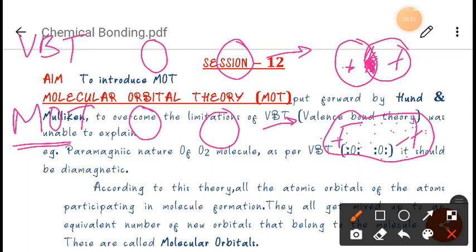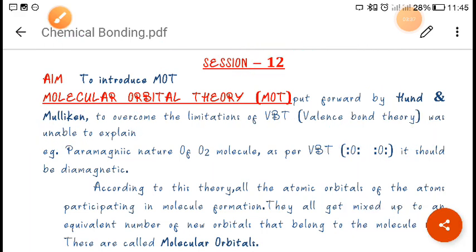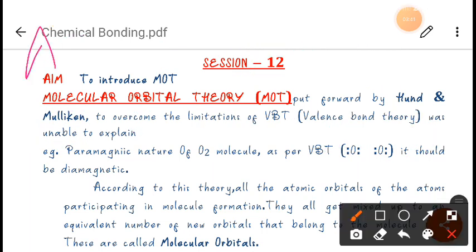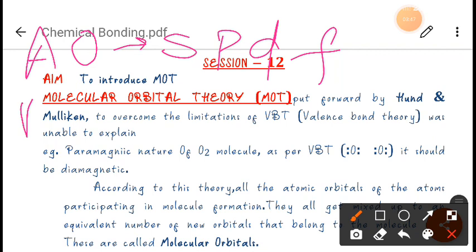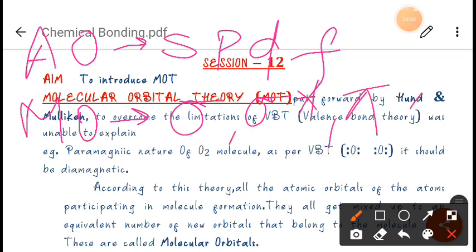Now the next one: atomic orbitals we used to represent with s, p, d and f, but molecular orbitals we will represent with sigma, sigma star, pi and pi star.